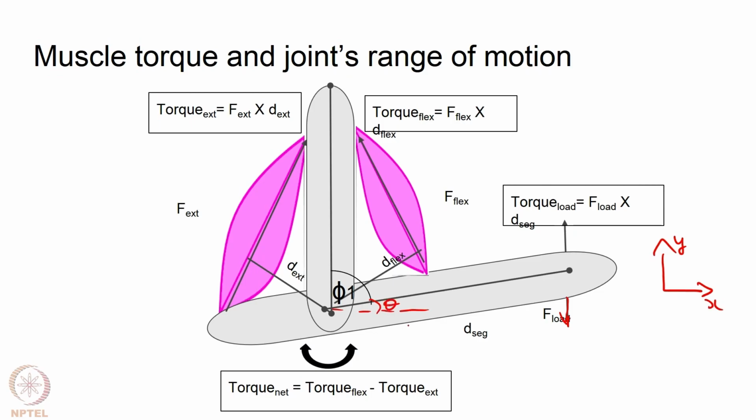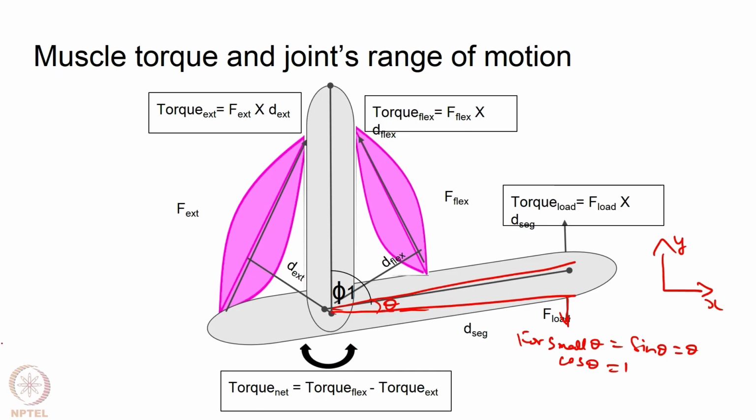This theta is actually small, right. For small theta, sin theta is theta and cos theta is 1. Again for relatively small theta, that is the actual momentum and that is the length of the forearm.